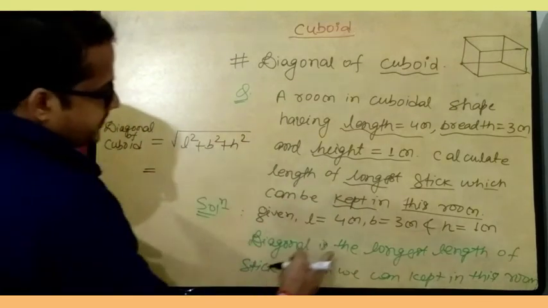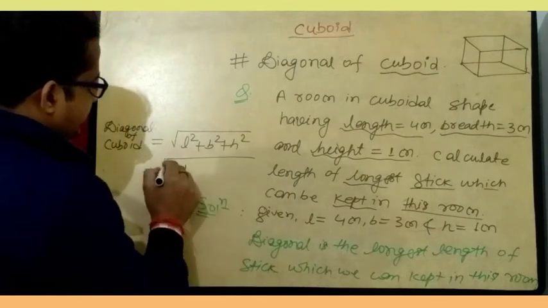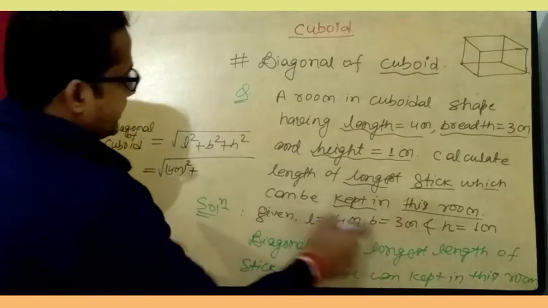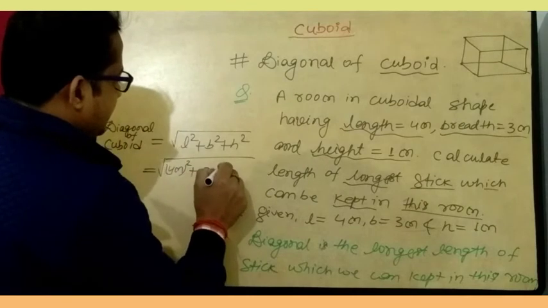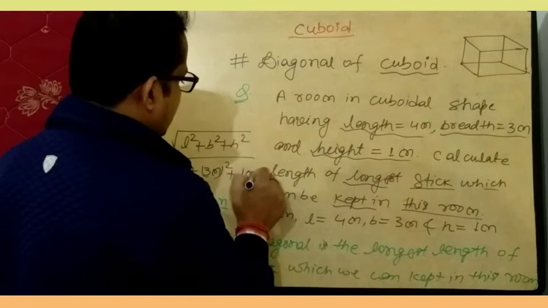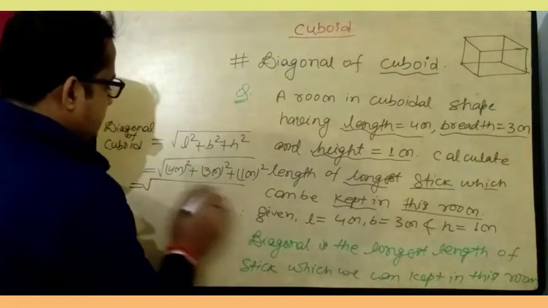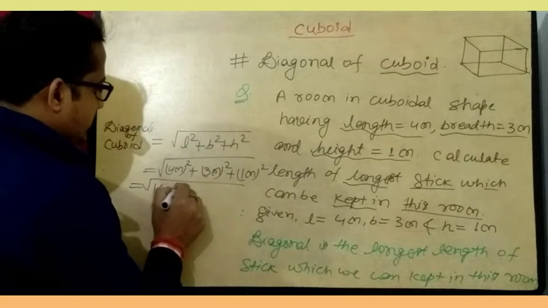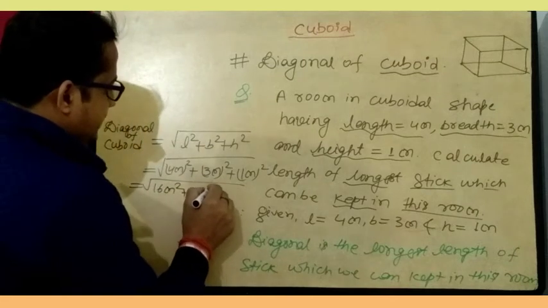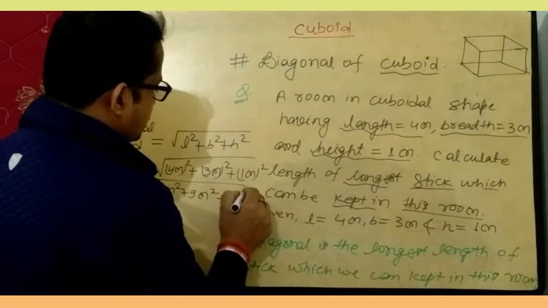Length is given as 4 meter, so that is root over 4 meter square add up. Breadth is given as 3 meter, so 3 meter square add up. Height is given as 1 meter, so 1 meter square. Solve it. 4 fours are 16 meter square add up 9 meter square add up 1 meter square.